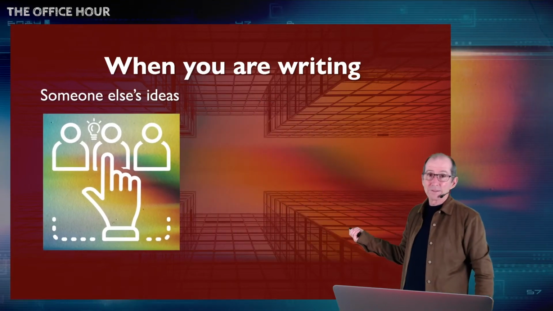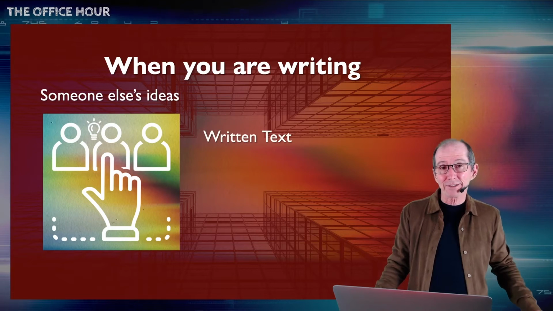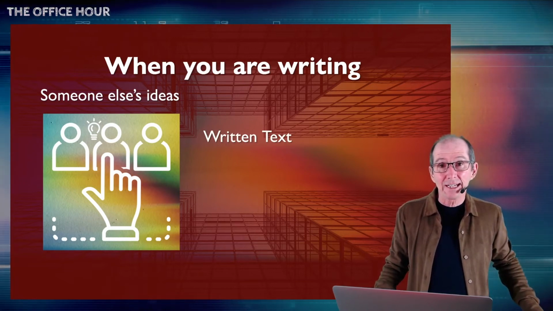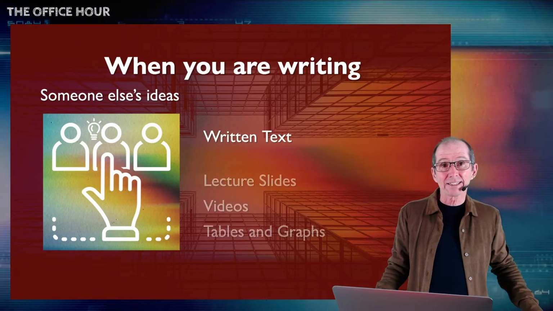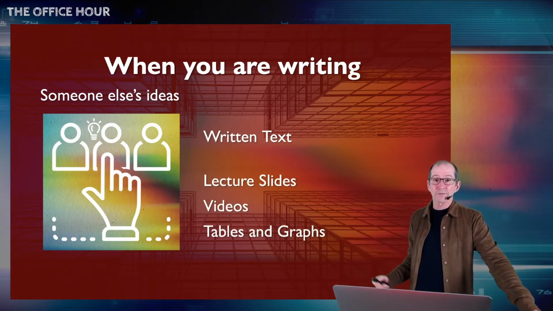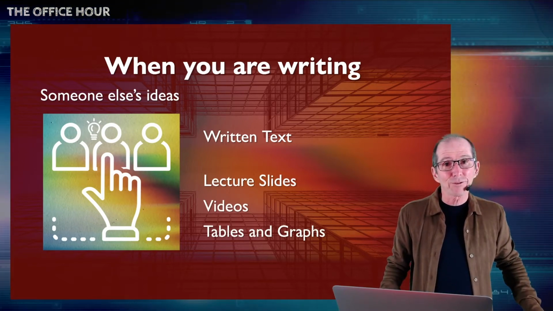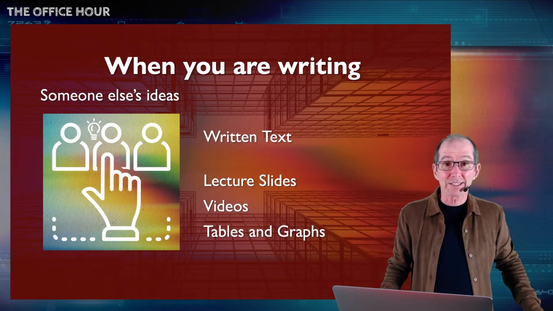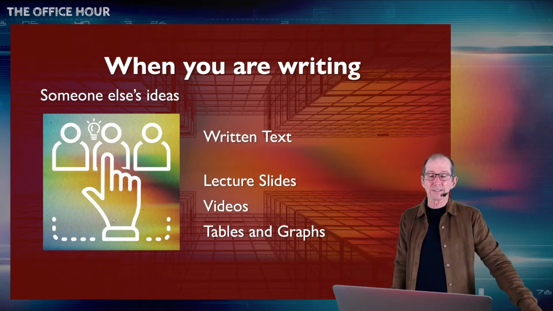For example, they might come through the peer-reviewed journal material that you might be looking for, or perhaps other things as well, such as lecture slides, videos, tables, graphs, and websites. All of these different sources, all from other people's ideas, need to be referenced appropriately. Do that and you'll get those extra marks in your assessment.